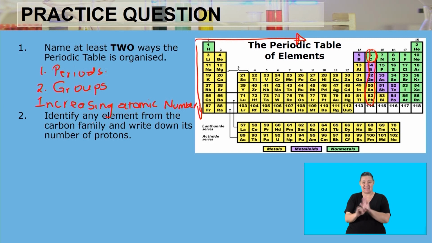So it says identify any element from the carbon family and write down its number of protons. Let's not choose carbon. Let's probably choose Si. Si is your silicon. And then what do they want there? They want us to write down the number of protons.